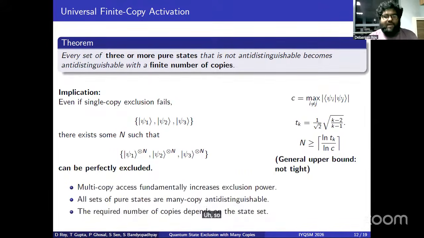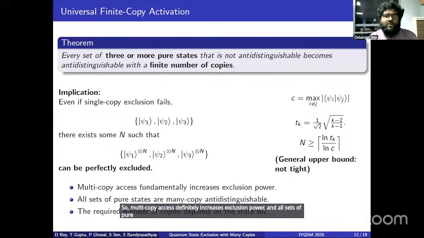So multi-copy access definitely increases exclusion power for all sets of pure states. We can ask why not a set of 2 pure states? Because for a set of 2 pure states, the concepts of distinguishability and anti-distinguishability are equivalent, so that is trivial.